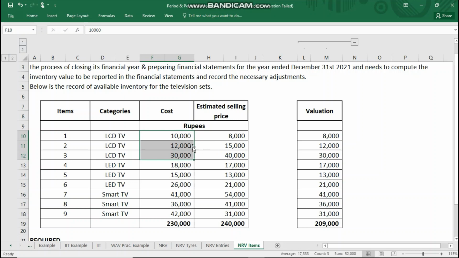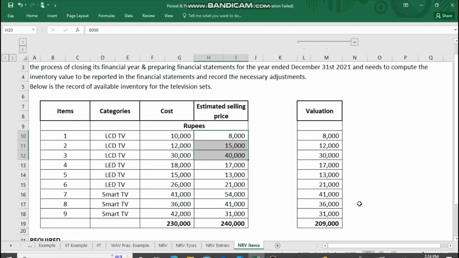What we will do, we'll total the cost of each category. Like for LCD TV, the cost would be the total of these items, like 52,000 for the first three items, and the NRV of these three items would be 63,000. Okay, so why can't we do this NRV testing at category level?